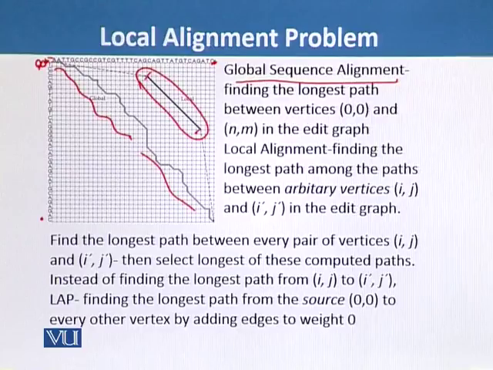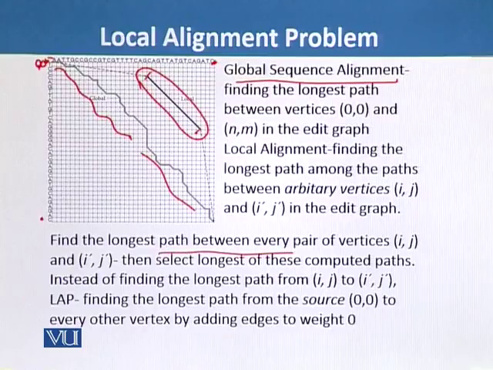A straightforward and inefficient approach to this problem is to find the longest path between every pair of vertices, that is i,j and i prime, j prime, and then to select the longest path among the computed paths.